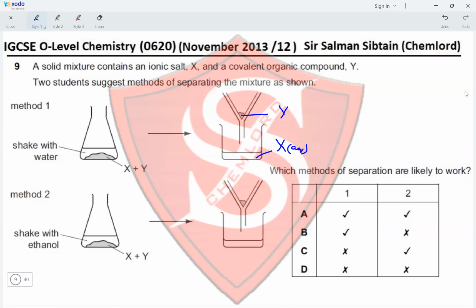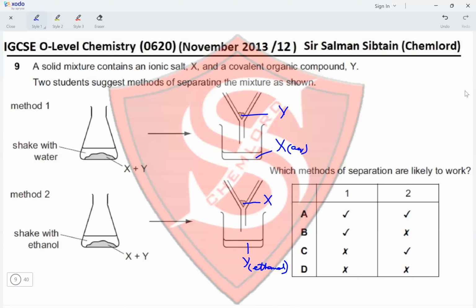And in method 2, shake with ethanol. When we shake with ethanol, Y would dissolve and X will not dissolve. The organic compound will dissolve. So when we filter it, the residue would be X and the solution would contain Y dissolved in ethanol. So this method seems correct as well. So which method of separation is likely to work?